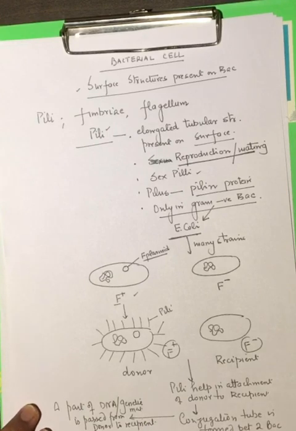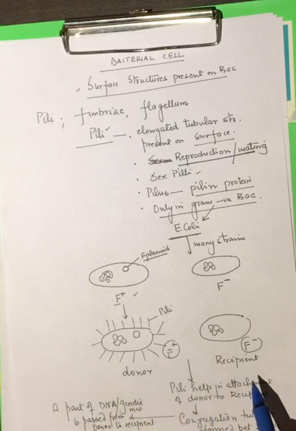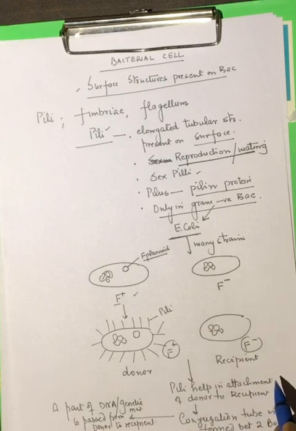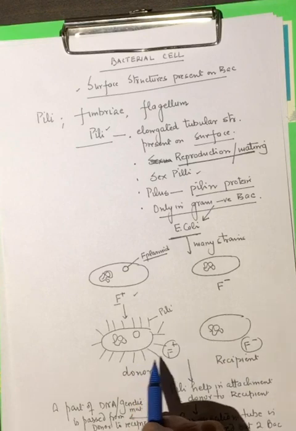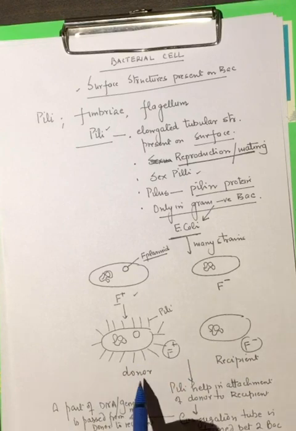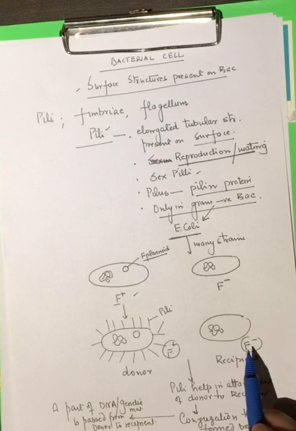So this is a primitive type of sexual reproduction in which we have a donor bacteria and a recipient bacteria, and they are behaving as male and female. Just like in sexual reproduction, we have a male and a female, and the sperms are transferred from male to female. Exactly like that, we have a donor bacteria, a recipient bacteria, and between the two a conjugation tube is formed, and from the donor a part of genetic material is passed on to the recipient bacteria.